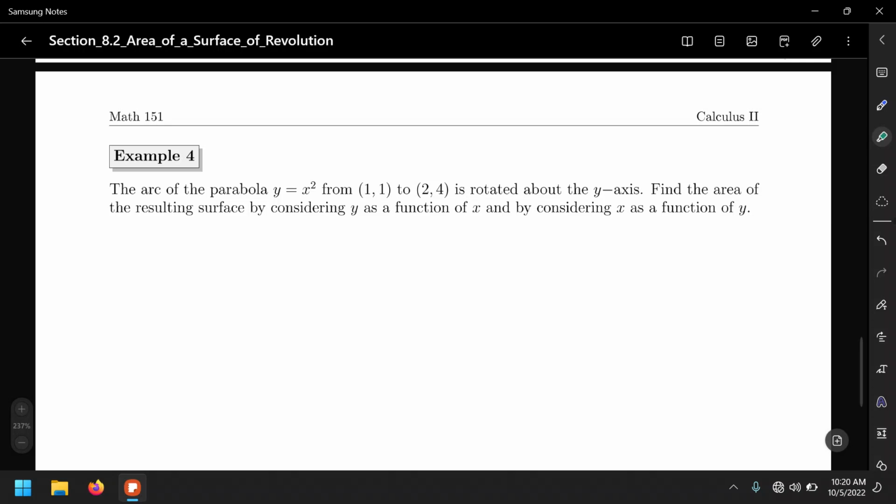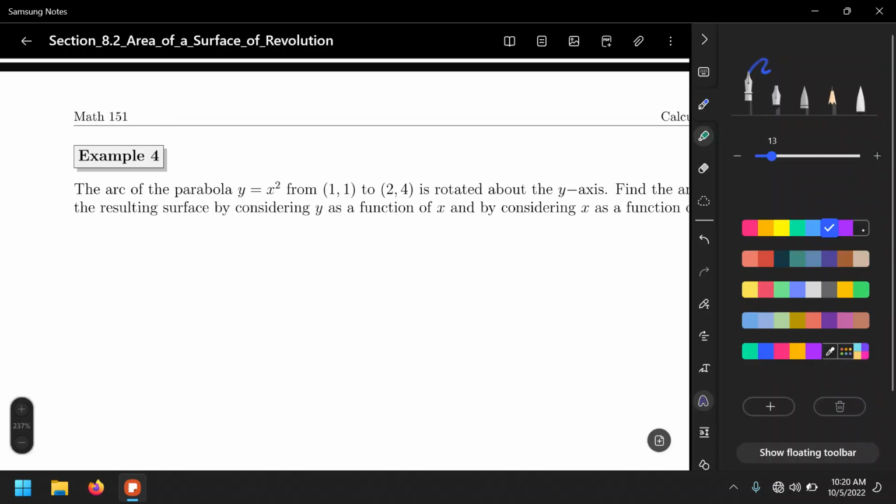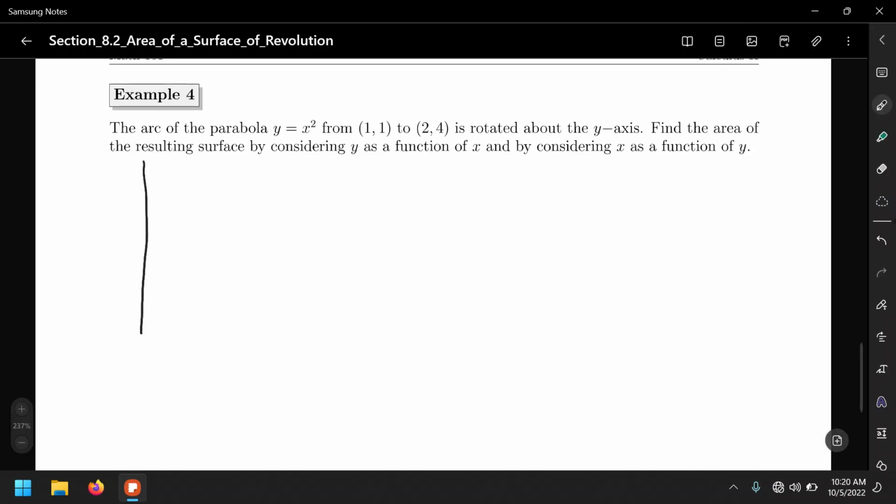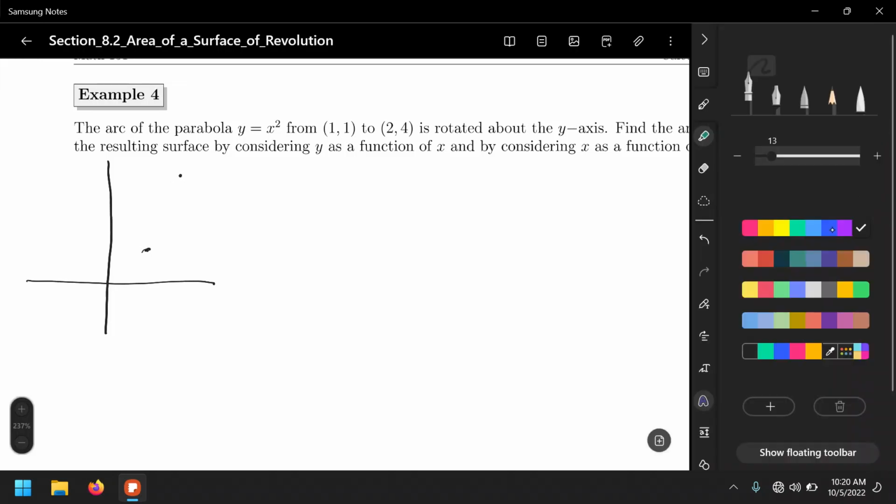Okay, so number 1, how about we sketch the region as usual? So this is going to look like the parabola from 1, 1 to 2, 4. So that's going to look like this. And we're rotating about the y-axis, right? So we're going to do the rotation in this direction about the y-axis.